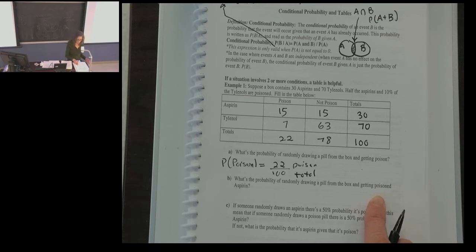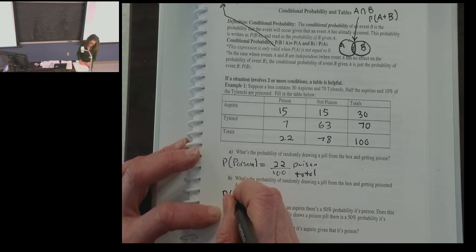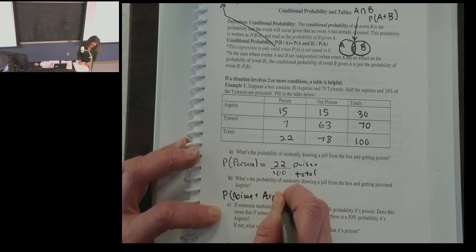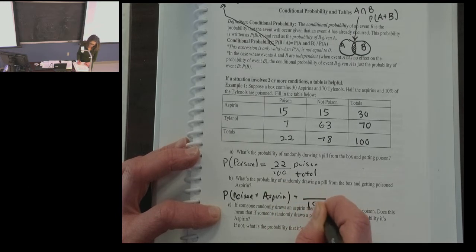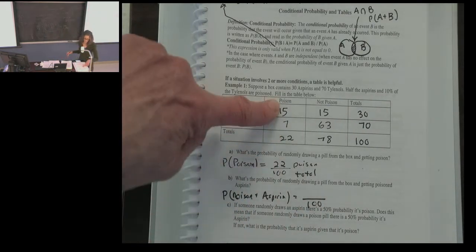That's the probability of poison and aspirin, still out of 100. Out of 100, how many are both aspirin and poison? 15.